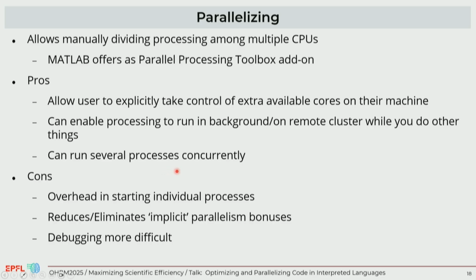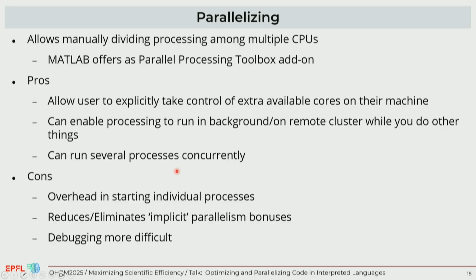Some drawbacks when you parallelize your code are that there's overhead in starting all these parallel processes. So at least in MATLAB, you basically reserve a set number of cores and say, all right, you cores are going to be used for this operation, and here's the data you need.